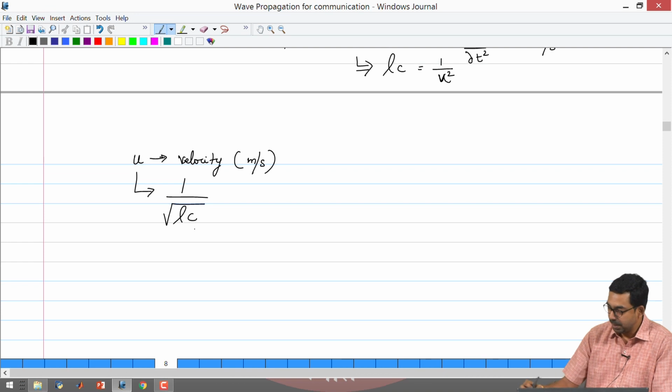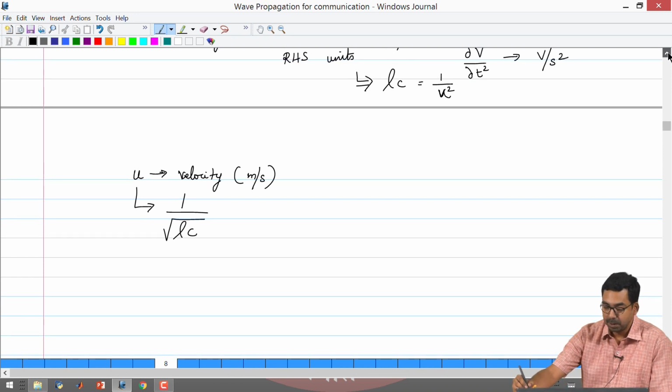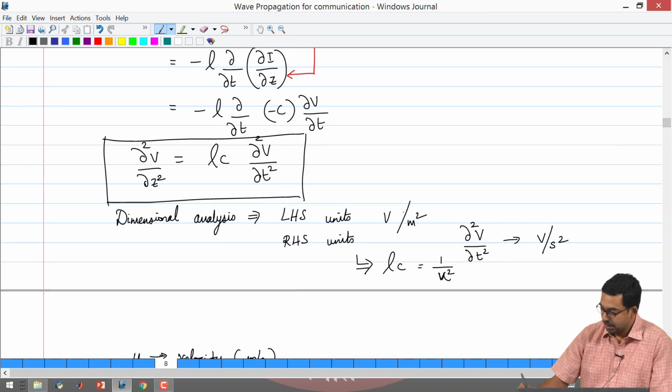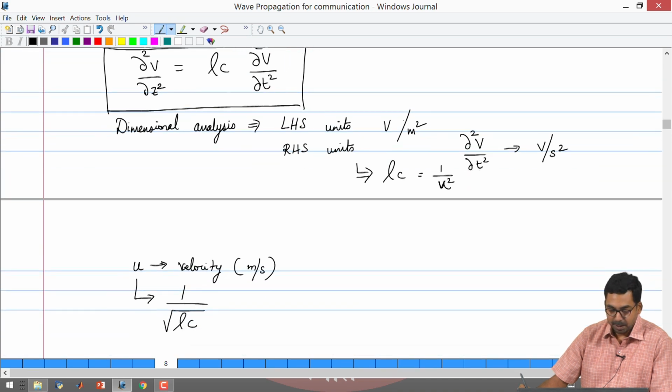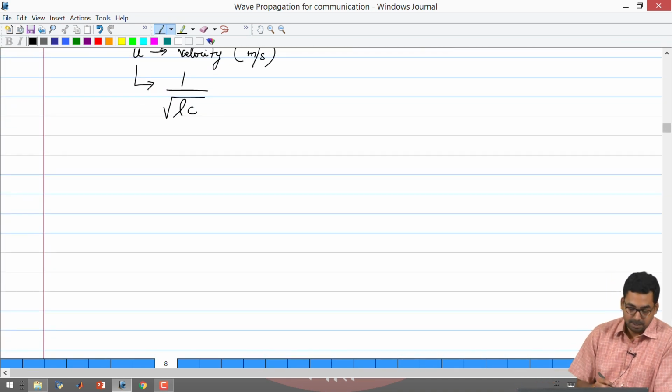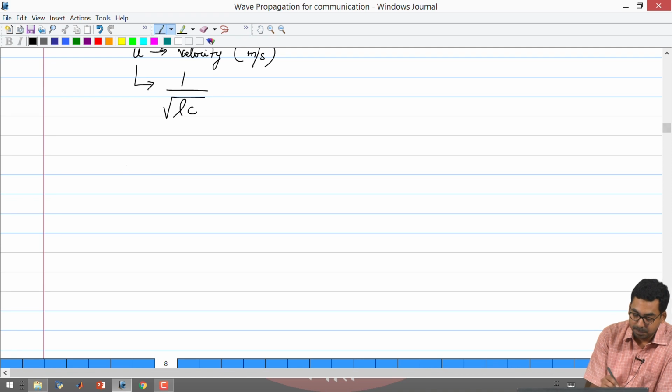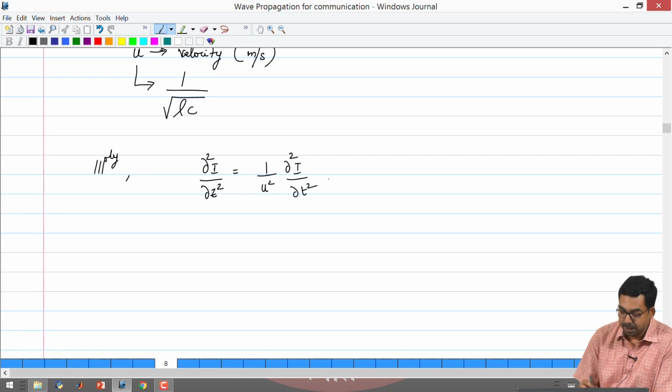Now, since we did a dimensional analysis for this particular equation, a similar thing can also be done for the current, which can be decoupled. So, you will have an equation for the current that is going to be decoupled using the exact similar steps. So, we will be having dou square I by dou z square equal to 1 by u square, dou square I by dou t square.